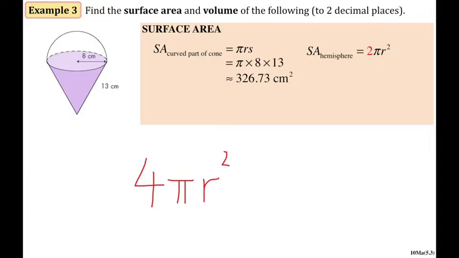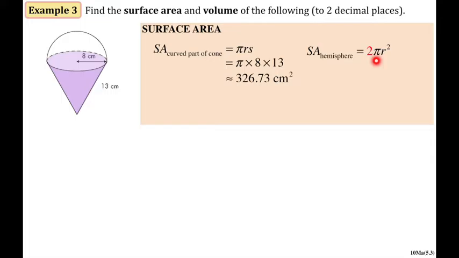I could have just written that formula and written divided by 2 because I'm halving it, but I chose not to do it that way because I know that half of 4 is 2, so I've just halved the 4. So 2 pi r squared gives me half of the surface area of a sphere, while 4 pi r squared gives me the full surface area of a total sphere.